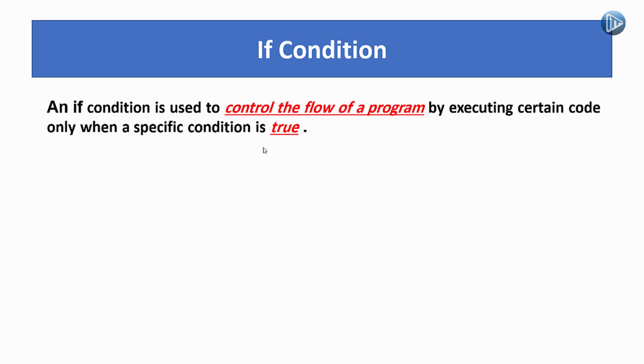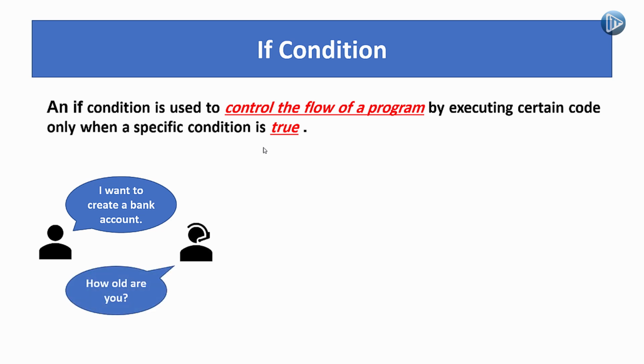Let me give you an example. Imagine that we have a user, and our user wants to use our system to create a bank account. Our system will ask how old he or she is. Depending on the answer, we can respond with two different blocks of code.